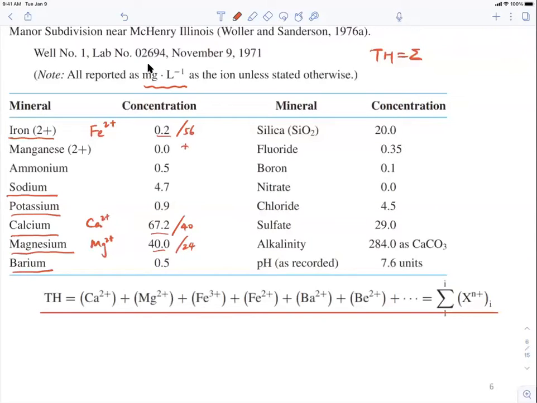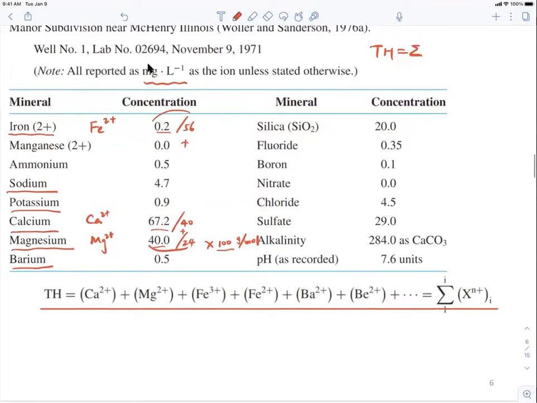And then we need to add them all together. After adding them all together, we will multiply that by 100, that is the molecular weight of the calcium carbonate, 100 gram per mole. With that, you can calculate the total hardness, basically in milligram as calcium carbonate.